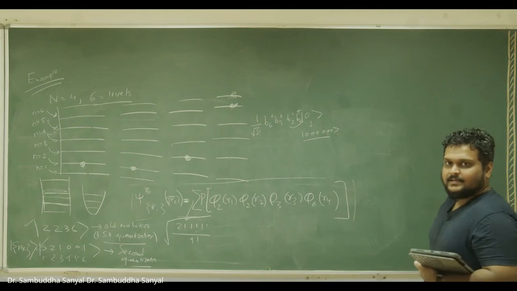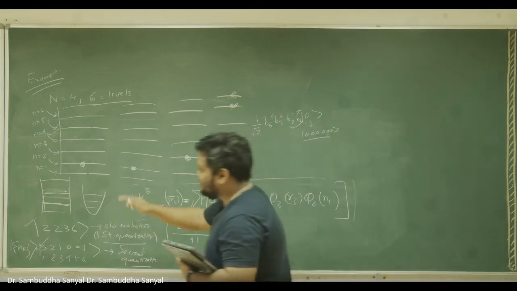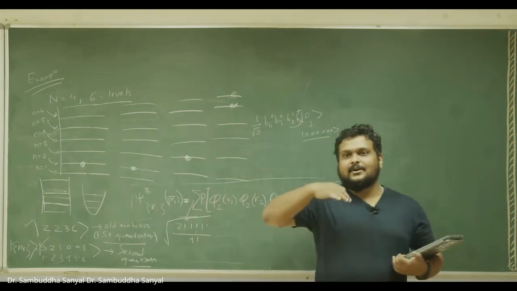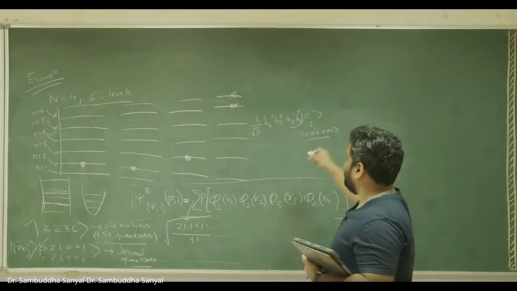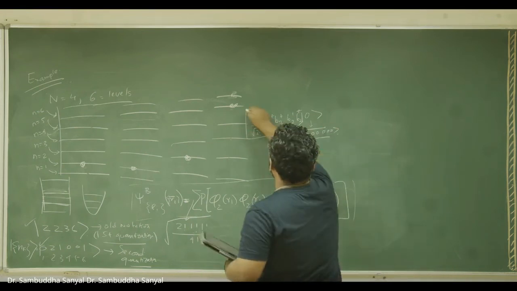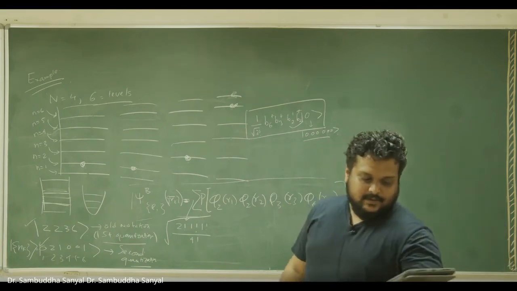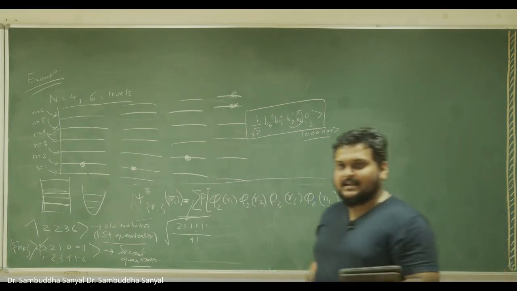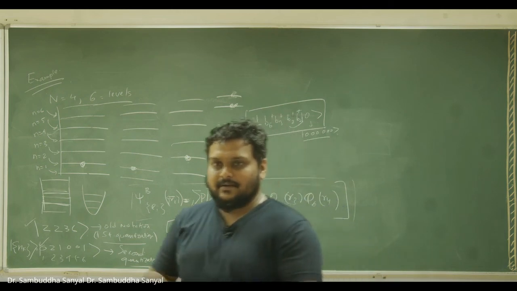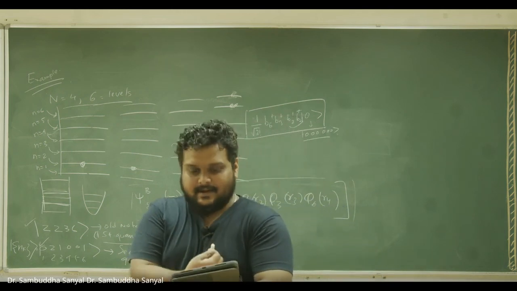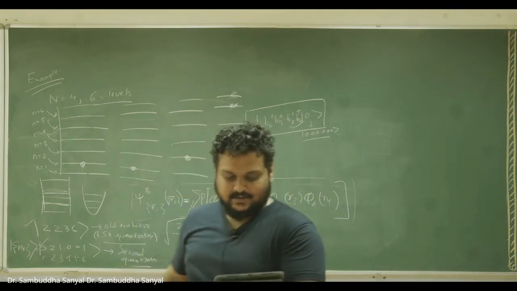So now I can write this particular state in all these different ways. And this particular way is very convenient, and that is what I'll show you. Now everybody is on the same page that if I give you a state, give a problem, you can write it down in first quantization, second quantization, all these things, right?